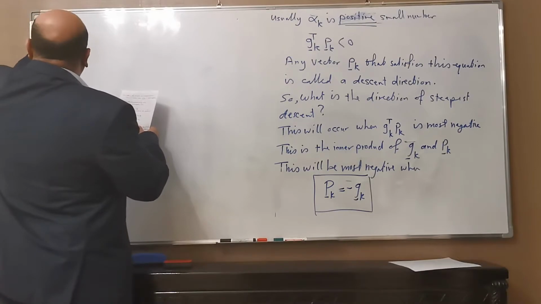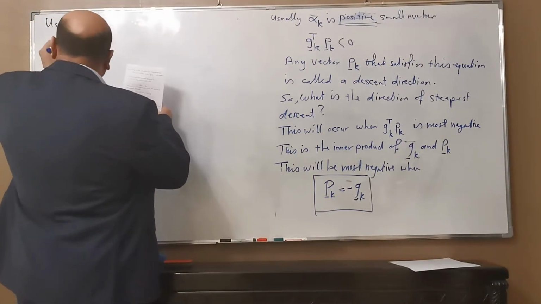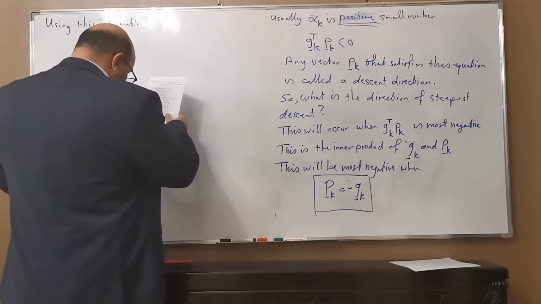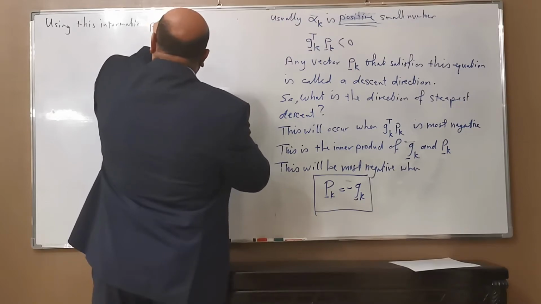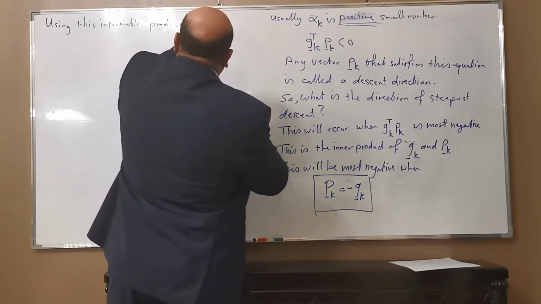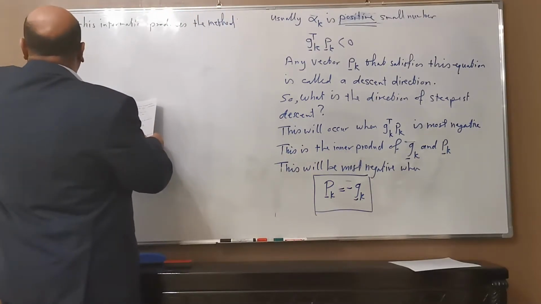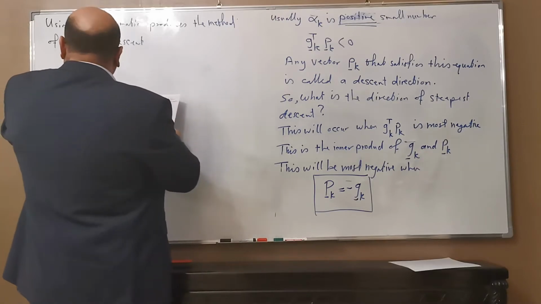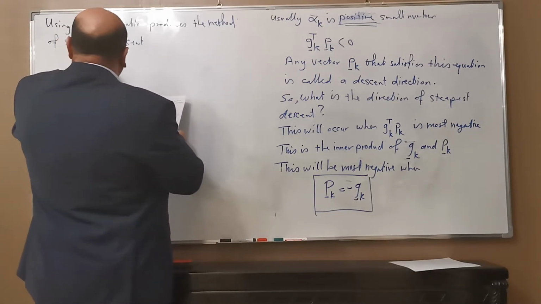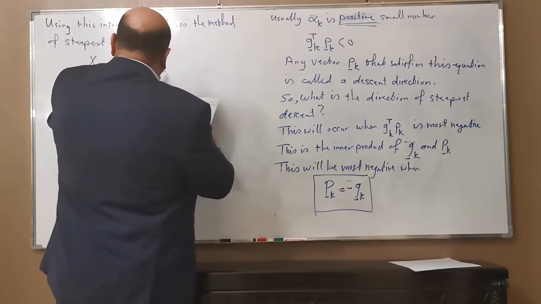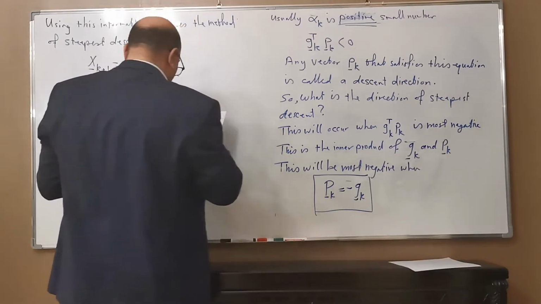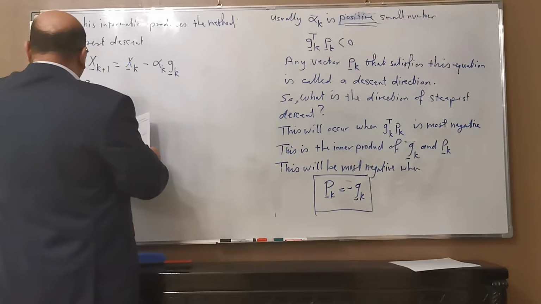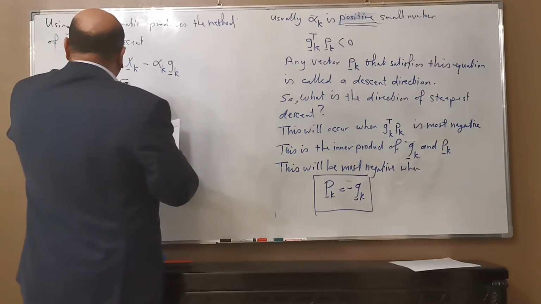Using this information produces the method of steepest descent, which says that xk plus 1 equals xk minus alpha k times gk, where, as we mentioned, gk is equal to the gradient of f at xk.